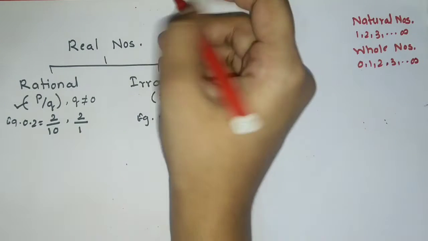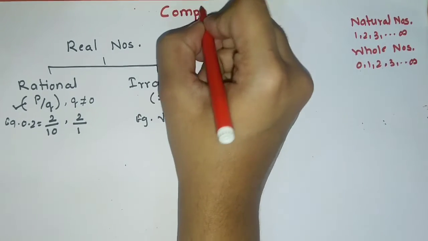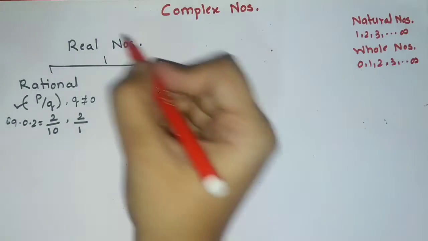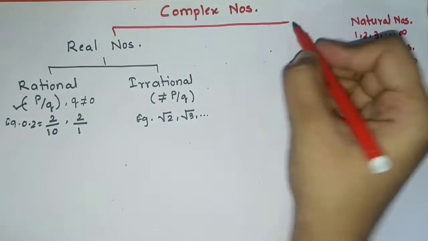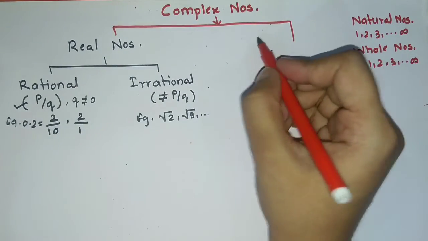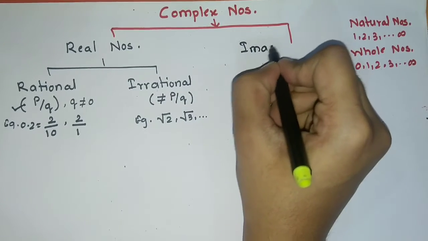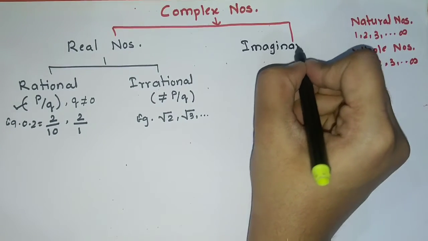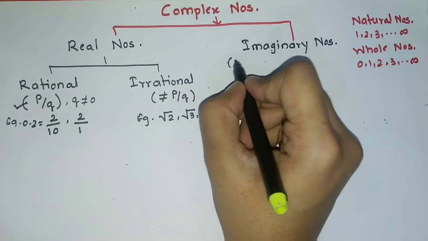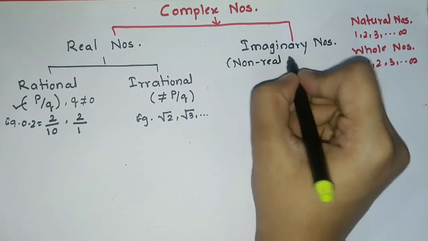Now, the next numbers are complex numbers. These are divided into two types, real numbers and imaginary numbers. Imaginary numbers are also called non-real numbers.